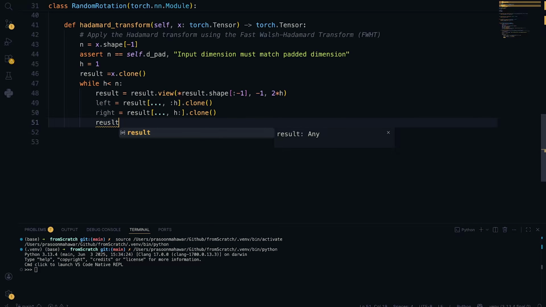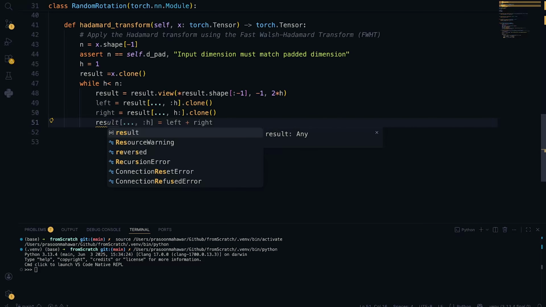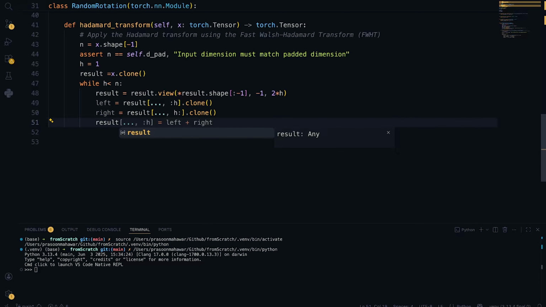And result with spread operator, colon h, equals left plus right, this is correct.